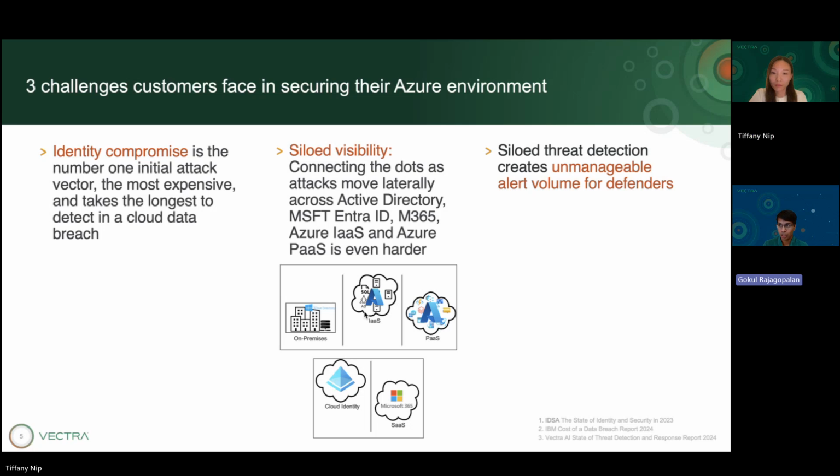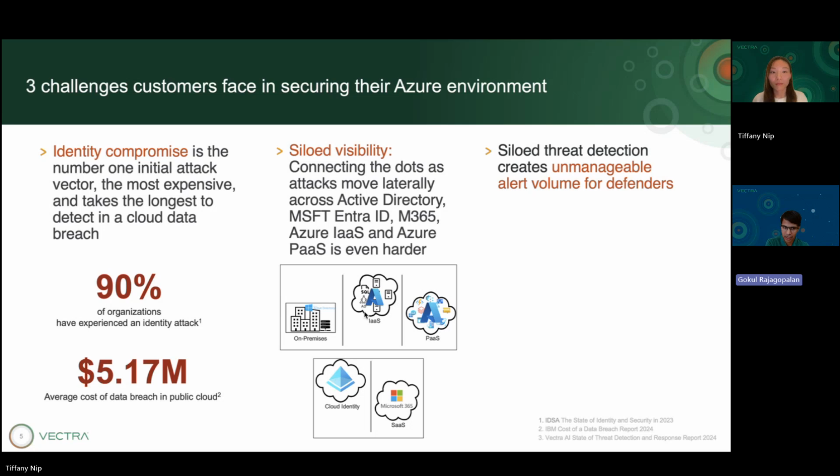So the idea of I secure these five services really well out of 200 services in Azure is not very useful, because if the attacker has a credential, they can leverage any of the other services just as easily to execute an attack. It doesn't matter to an attacker whether I'm destroying one VM or 100,000 VMs. It's all the same.